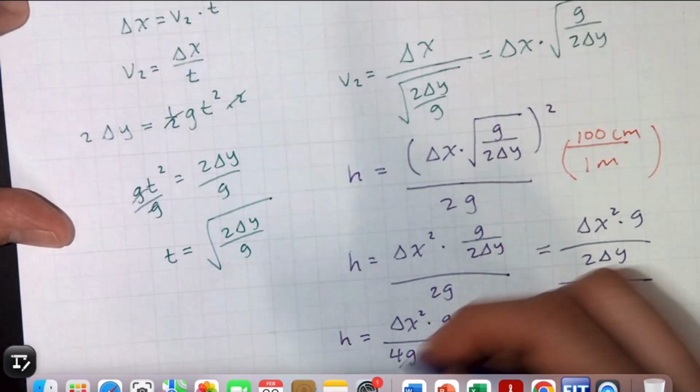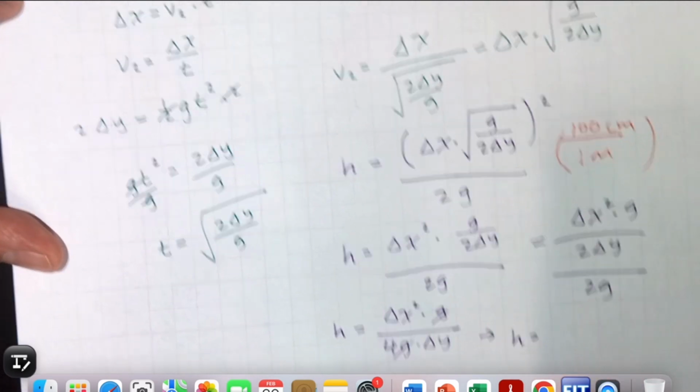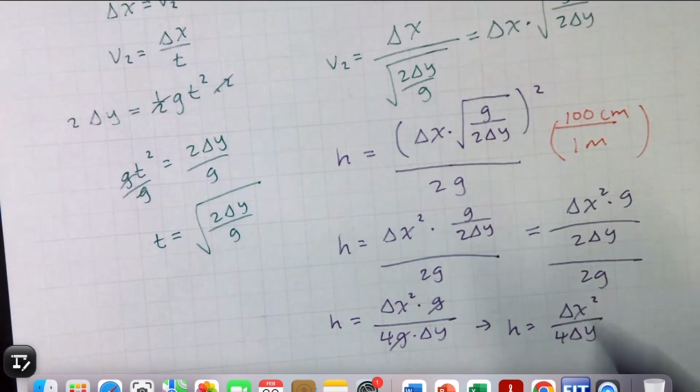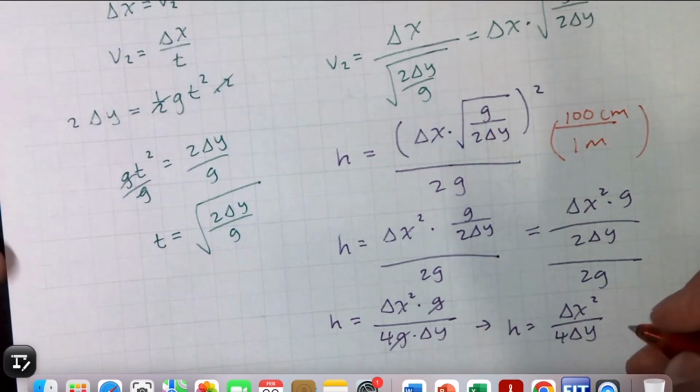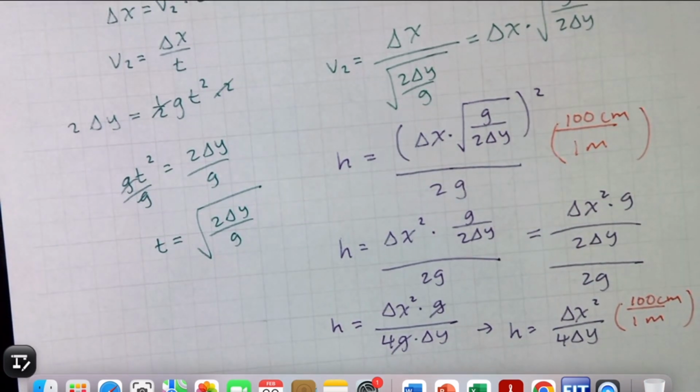Notice how the g is going to cancel. And this problem was fairly simple. This is going to give you the answer as well. Don't forget, you need this conversion factor because the answer you'll get will be in meters. And that's it.